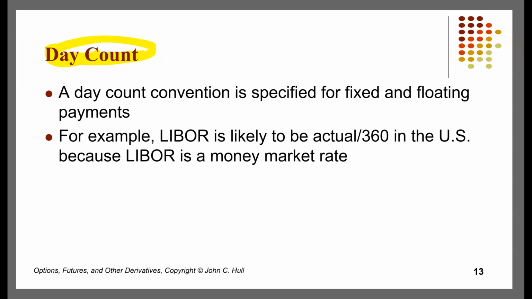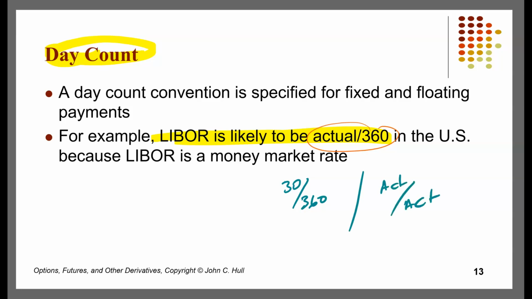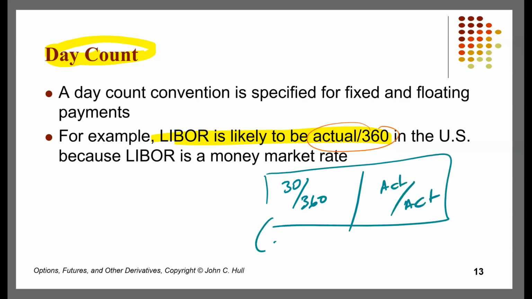And typically the floating rate market is going to use the actual to 360. That's why LIBOR, which is a floating rate, uses the actual to 360, whereas the fixed rate market is going to use the other two conventions, which are 30 to 360 or actual to actual.